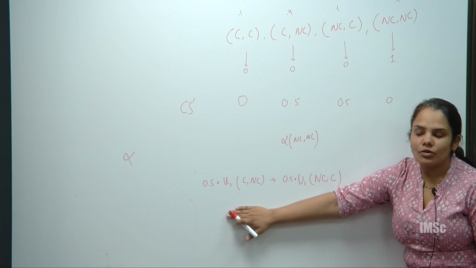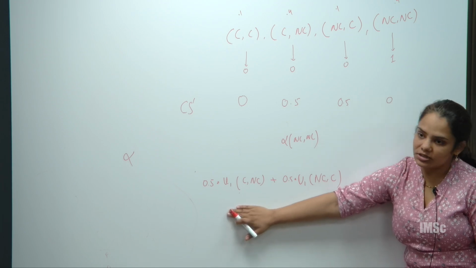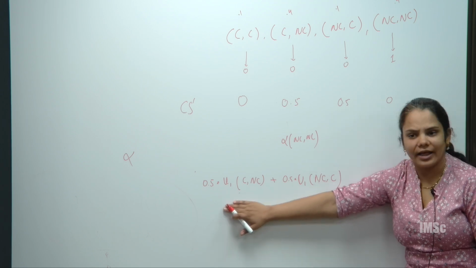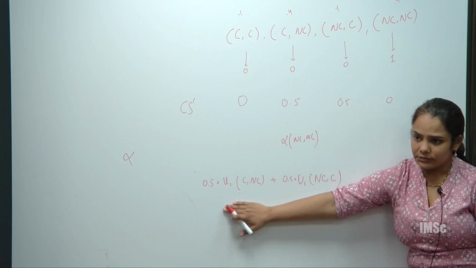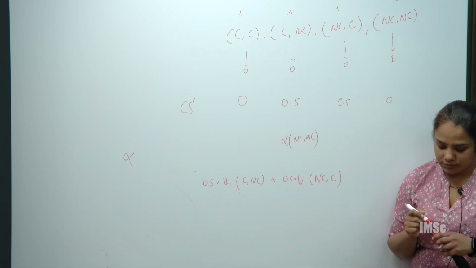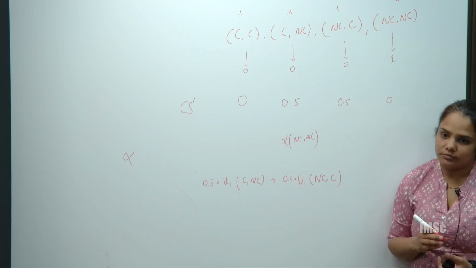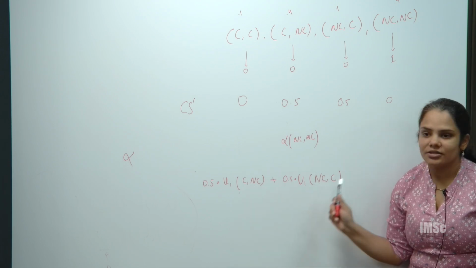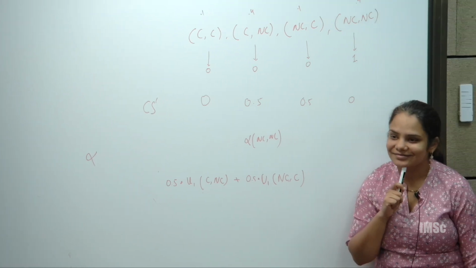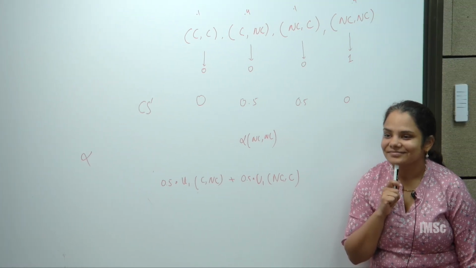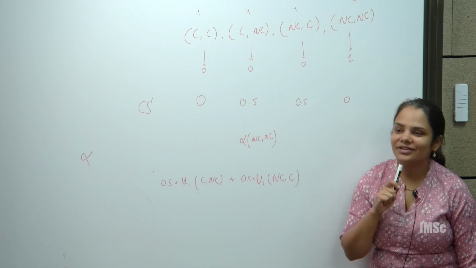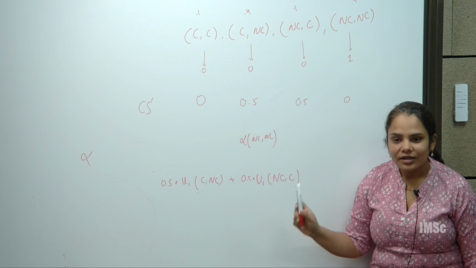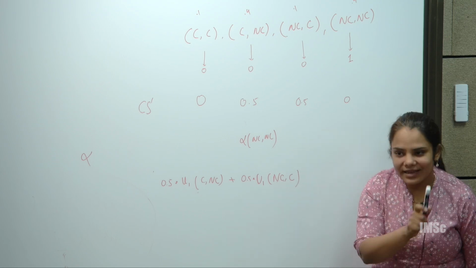Now, I want to ask whether this is a correlated strategy or not. What do you think? Just look at this equation. Player 1, so C and NC. Remember the game table? In one of the situations it will be 0, so it is better to switch to something else. Exactly.